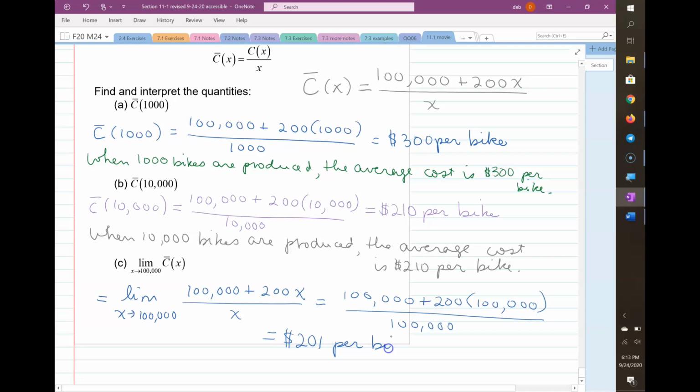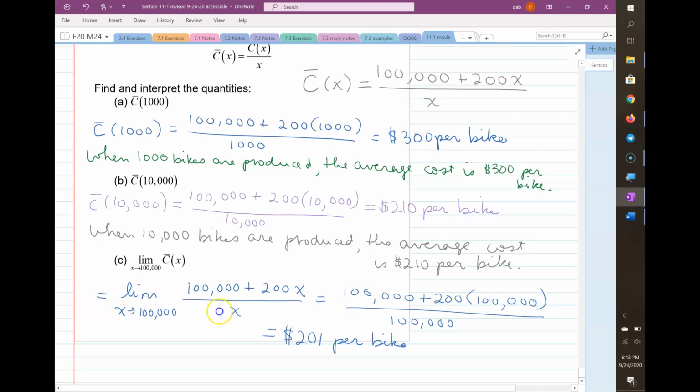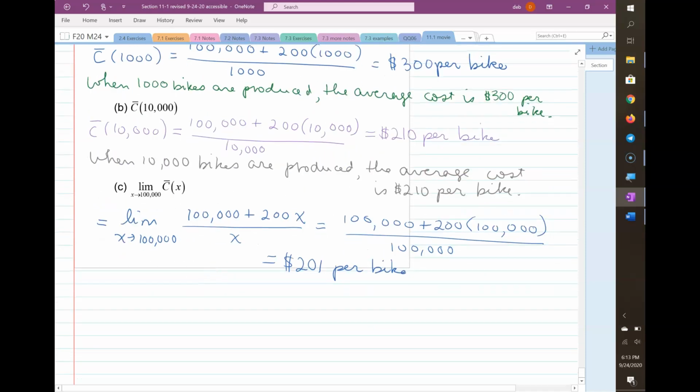per bike. Hopefully that matches with your intuition, that the more you make, the more your fixed cost is spread out over each bike, and so the average cost will go down.